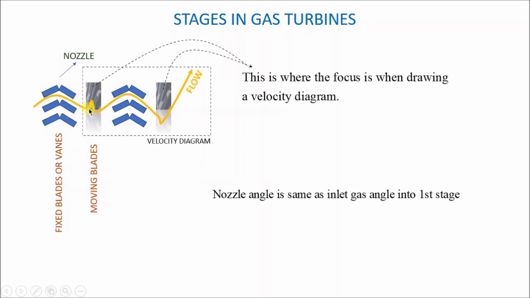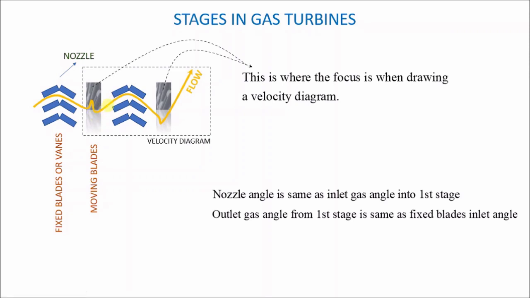The second observation that we can make is that the outlet gas angle from the first stage is equal to the inlet blade angle for the row of fixed blades, okay, as you can see.